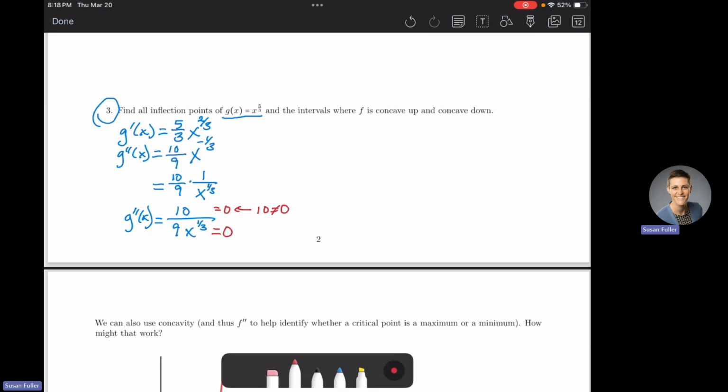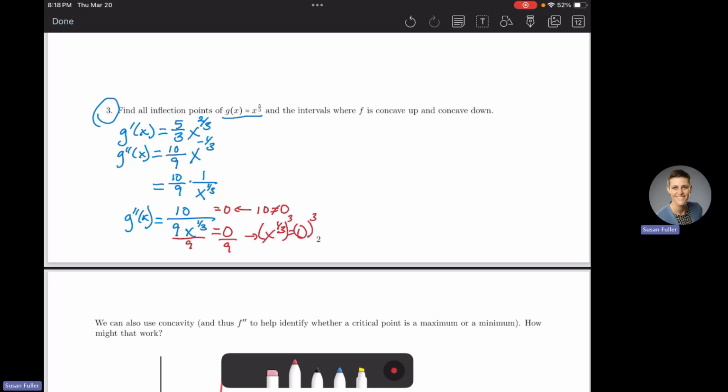And then for the bottom, if 9 times x to the 1/3 is equal to 0, we have to solve for x. So I'm going to start by dividing both sides by that 9. And then I'm going to get x to the 1/3 is equal to 0. And we have to figure out how to solve this. To get x by itself, we're going to raise both sides to the 3rd power.